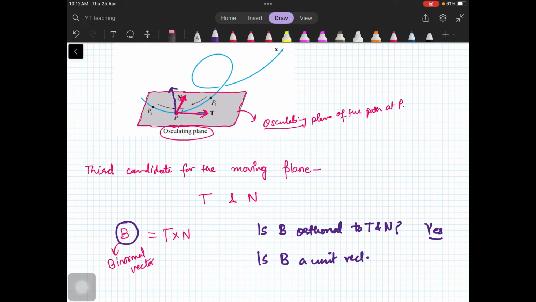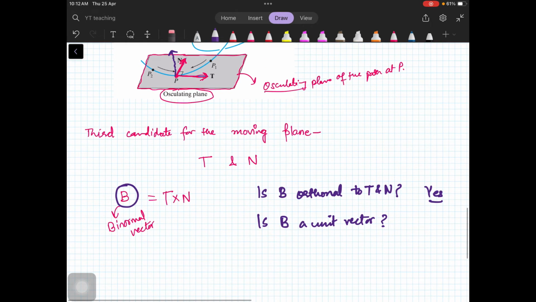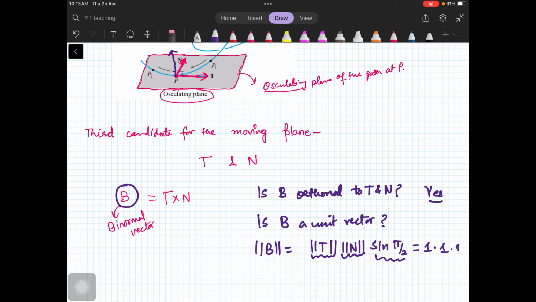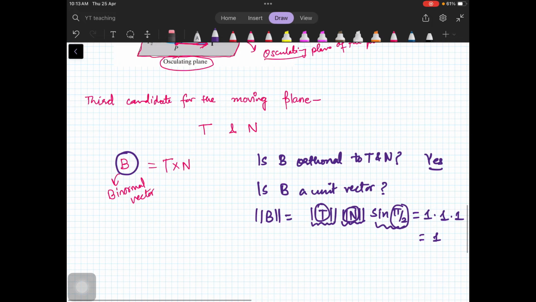To check, I'll take the modulus of B, which equals modulus of T times modulus of N times sine of the angle between them. T is a unit vector, 1, N is a unit vector, 1, and sine of pi by 2 is 1. T and N are perpendicular, so the angle between them is pi by 2. So B is also a unit vector and orthogonal to both T and N.